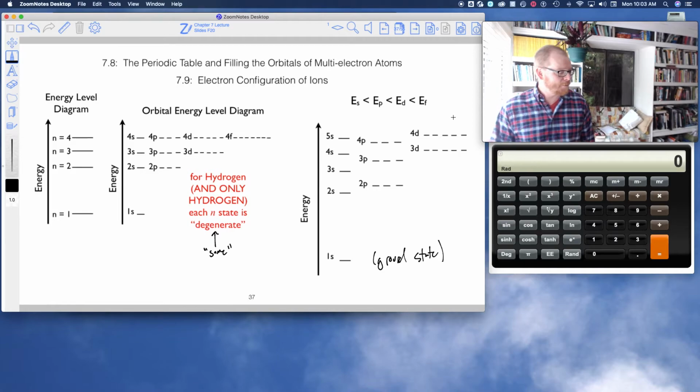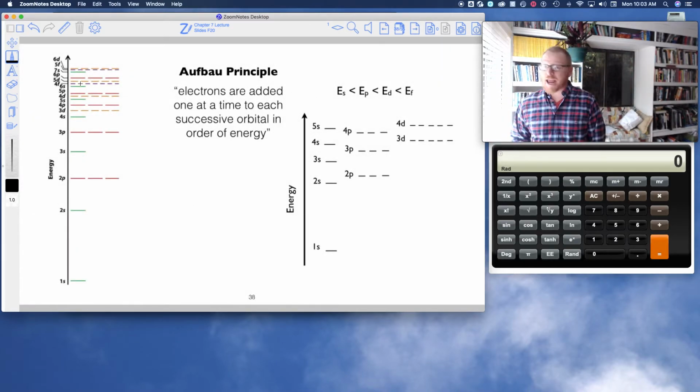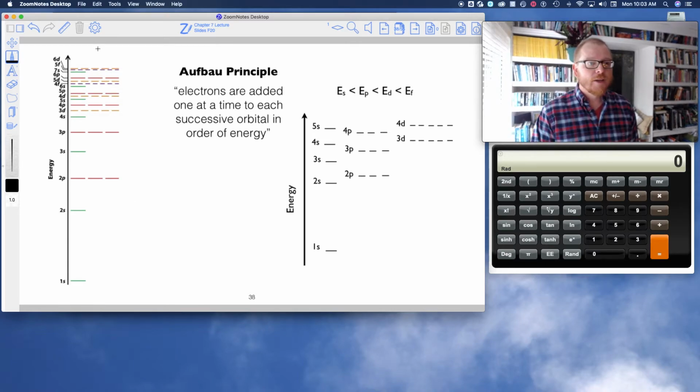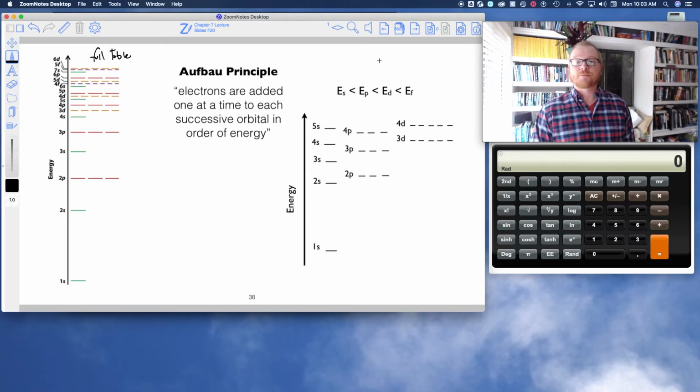It becomes a mess. And in fact, here is the full periodic table right here. So this is the full table. And as you might guess, this is showing you in order: 1s, 2s, 2p, 3s, 3p, 4s, 3d, 4p, 5s, 4d. So how do we keep track of that order?